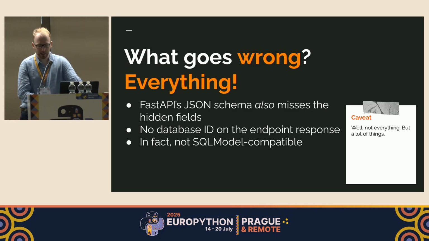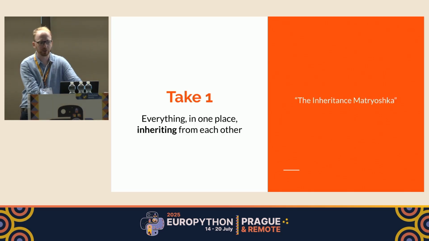So let's take a look at the other option, the next natural option, which I call the inheritance matryoshka. And I'm sure you've seen this pattern, in part because it's prominently featured in the documentation of both SQLModel and I think FastAPI.